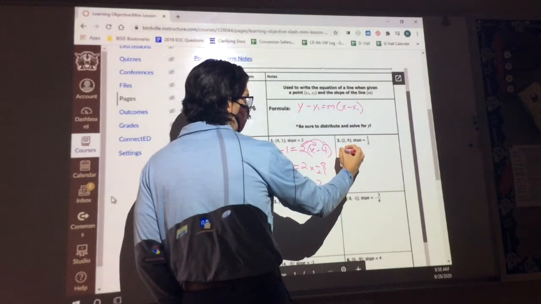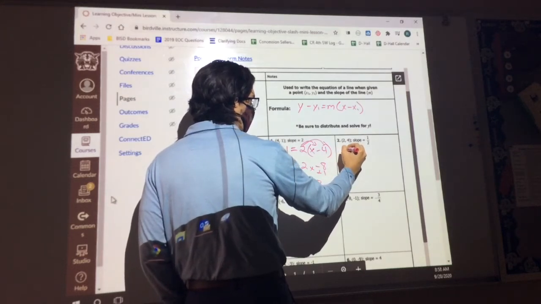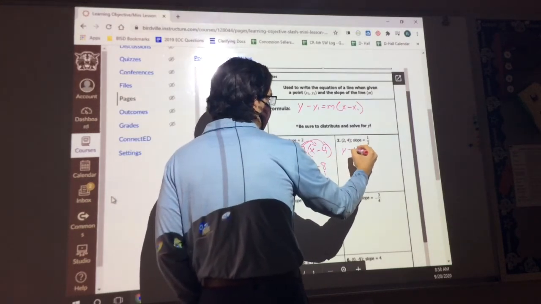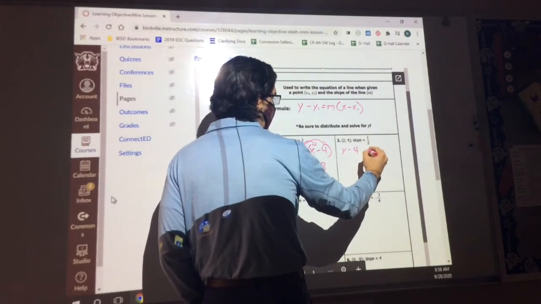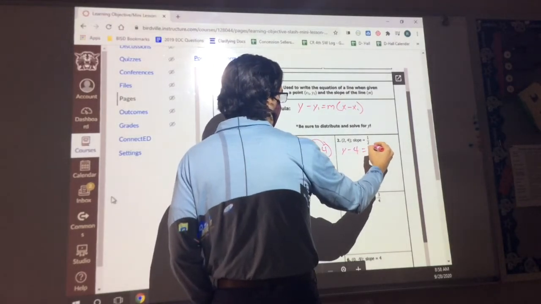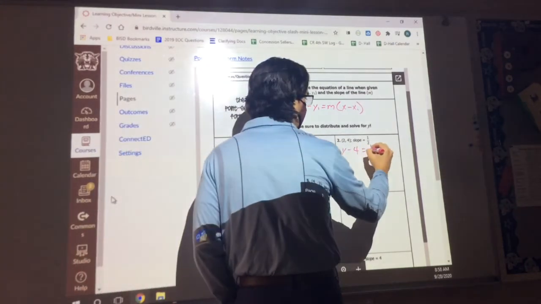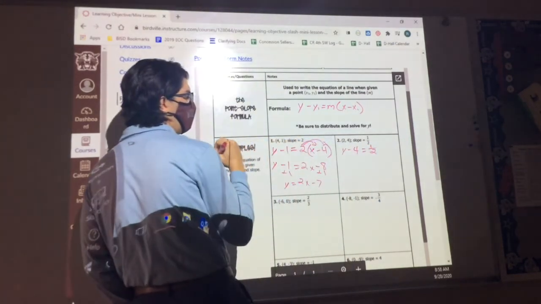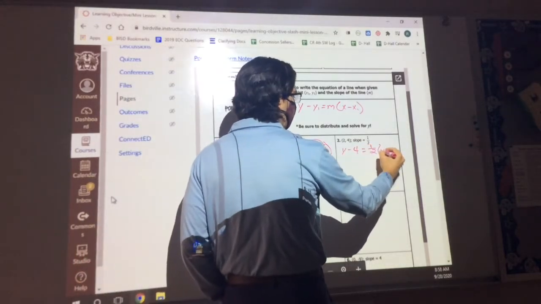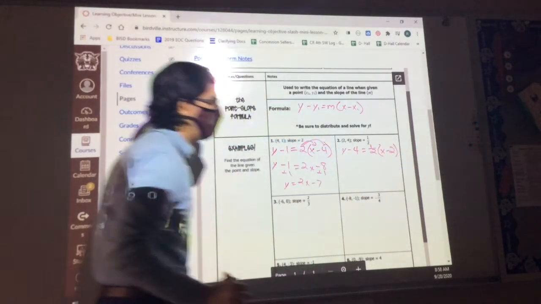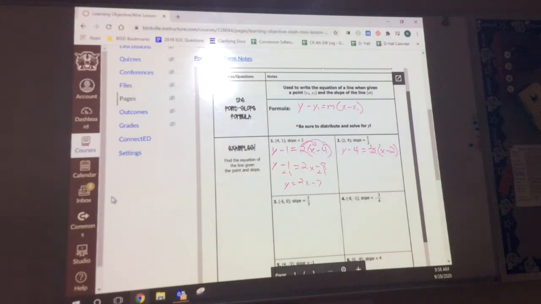So it would be y minus 4 is equal to 1/2 times x minus 2. Beautiful. Well done, Stephen. Everybody see how Stephen did that? Okay, now, let's convert it.